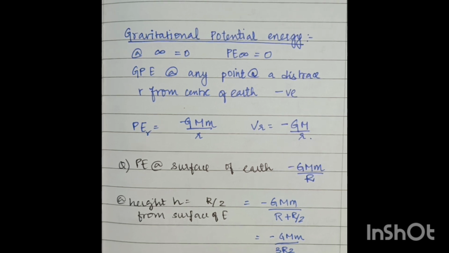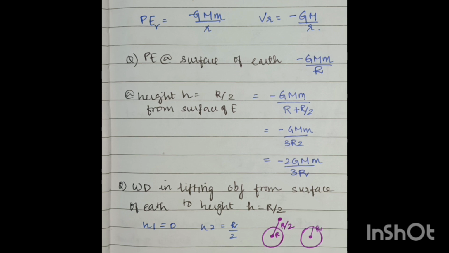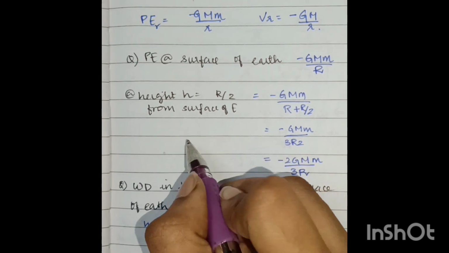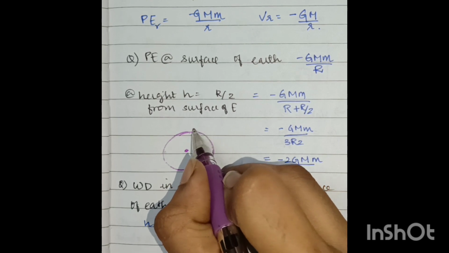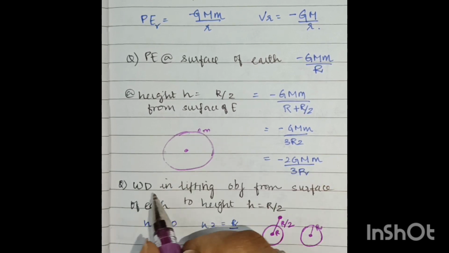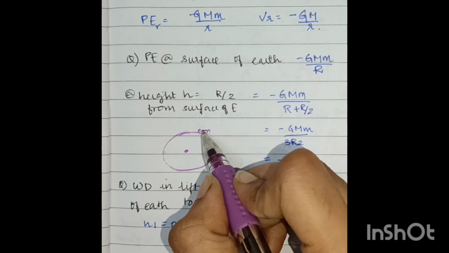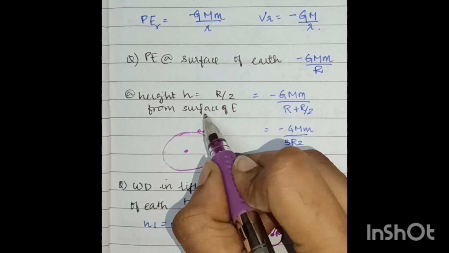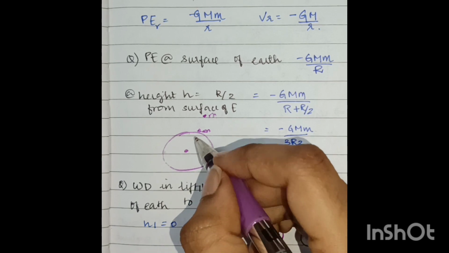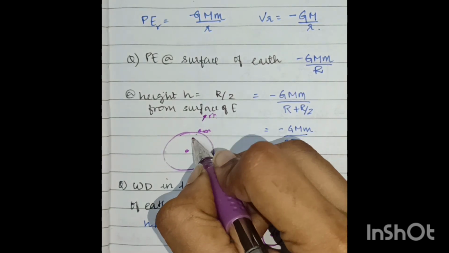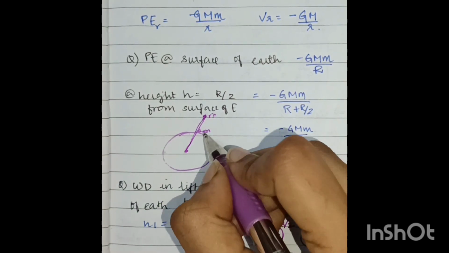So let us find it. Please see, if this is the earth, and this is the small mass m we are considering at height r by 2, so this is where our mass is located. We have to consider this total distance. What will this distance be?